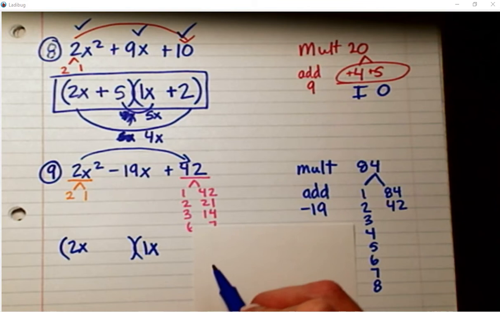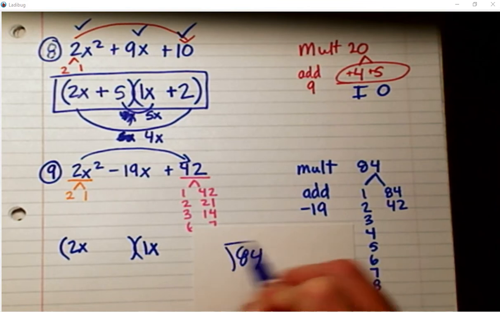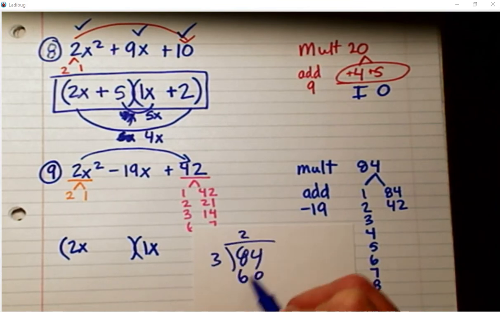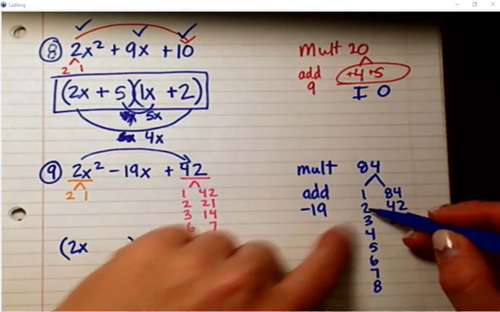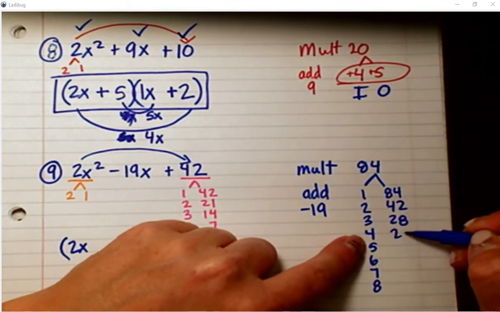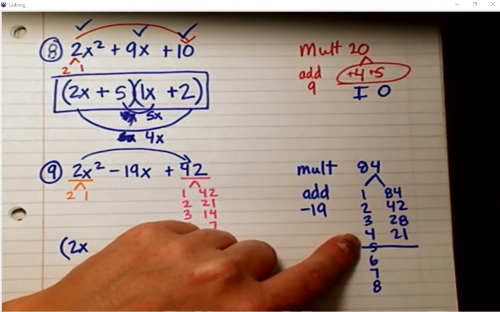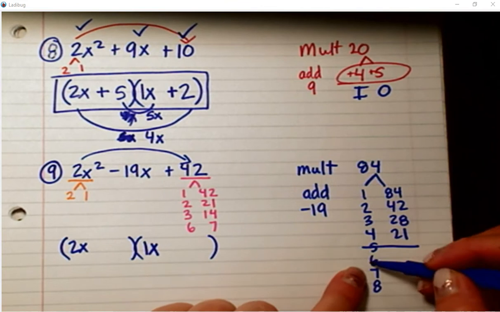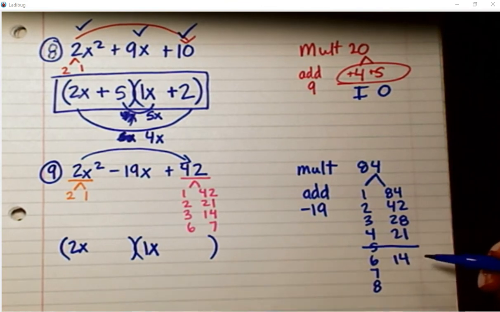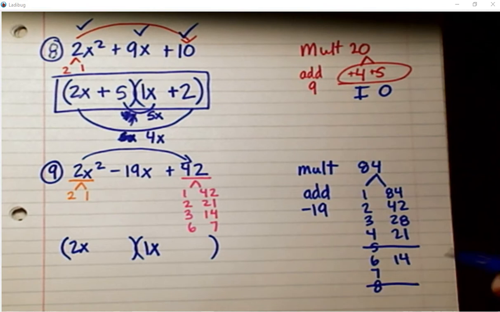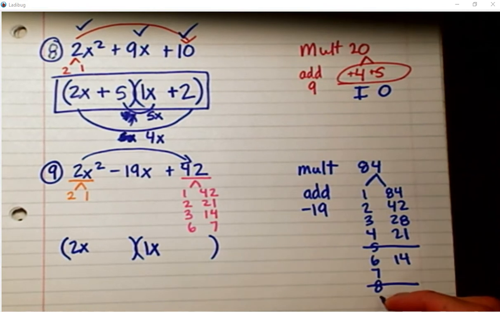So 84 divided by 3. All right, so 28. Times 2, divide by 2. 5 doesn't work. Times 2, divide by 2. So that's good. 8 doesn't work. 9 doesn't work. 10 doesn't work. I think I've got them all.